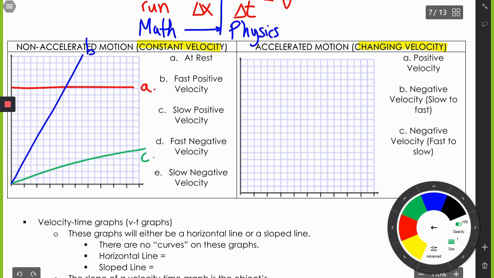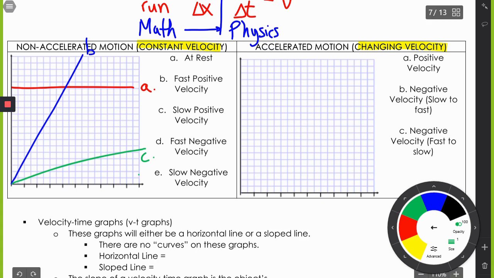So remember, positive means it's going to slope upward, or increase as you go from left to right. So the closer my line is to the y-axis, the greater the slope. The closer my line is to the x-axis, the slower the slope. Now, for us, it's velocity, right? We name what these are, okay?